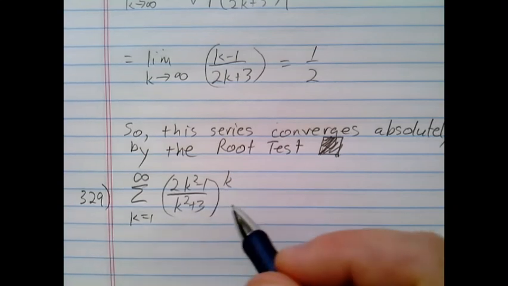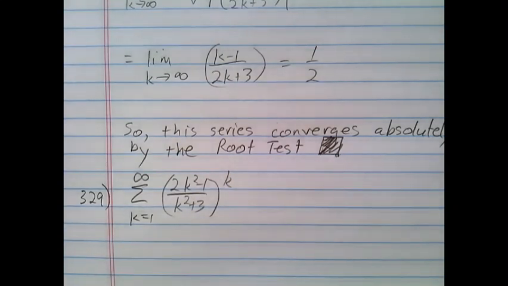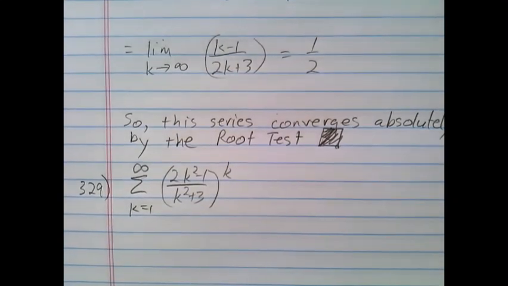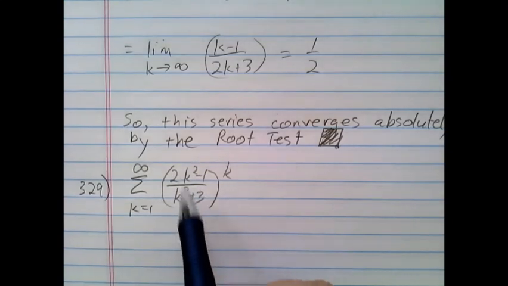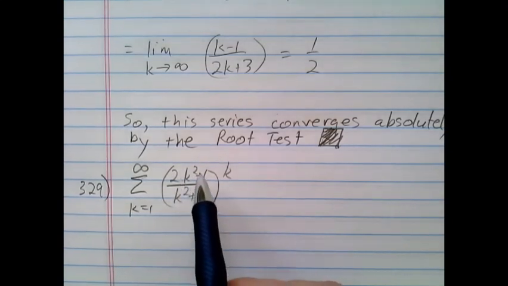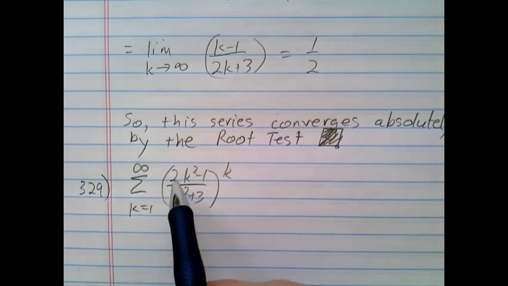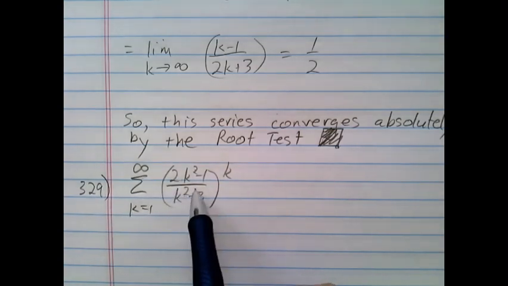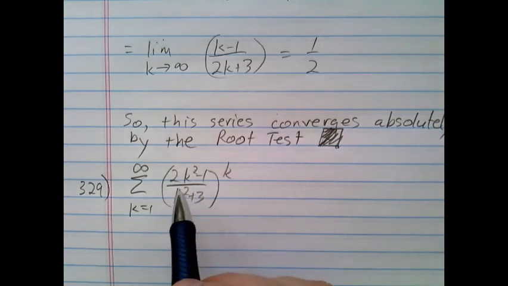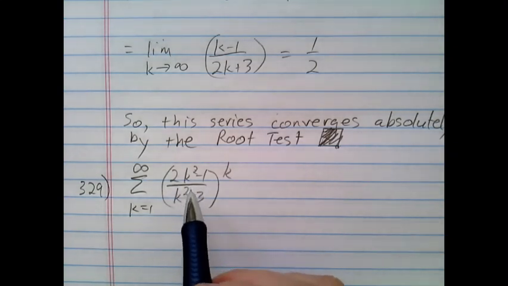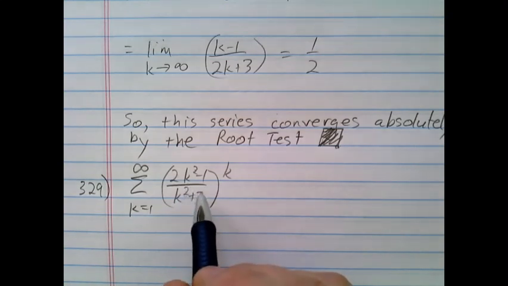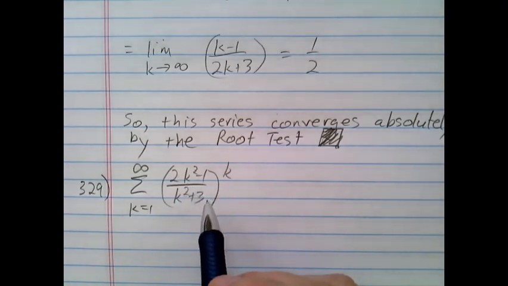If you see something like that, that's definitely a signal that you should be using the root test. Now, when I look inside at this fraction, the top and bottom are degree 2, so I look at the coefficients of the leading terms. This fraction is going to 2. So basically I have a geometric series where the r value is 2. So I would expect that this one is divergent.